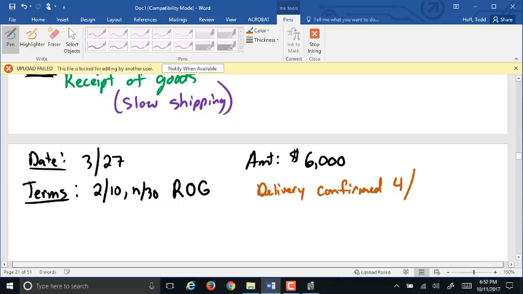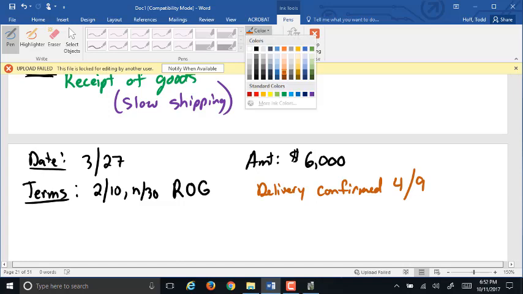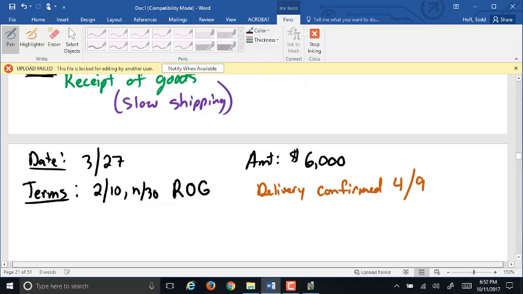Delivery confirmed 4/9. How much is paid if paid on April 17th?